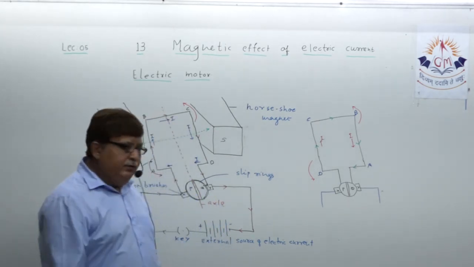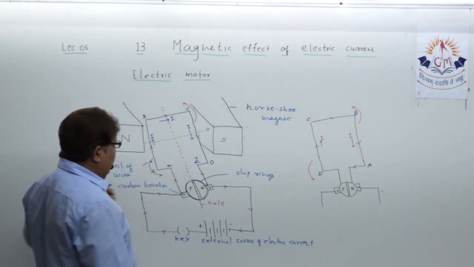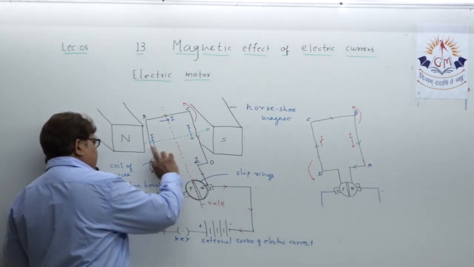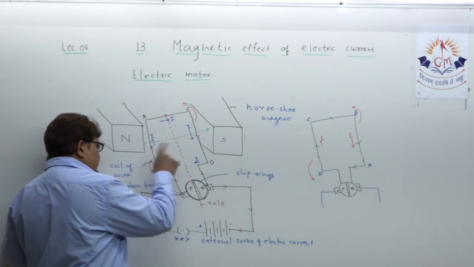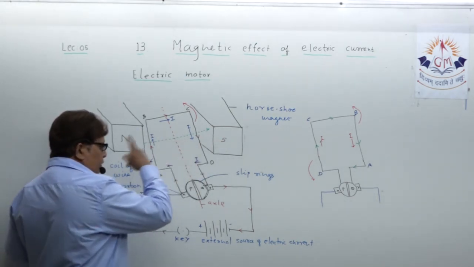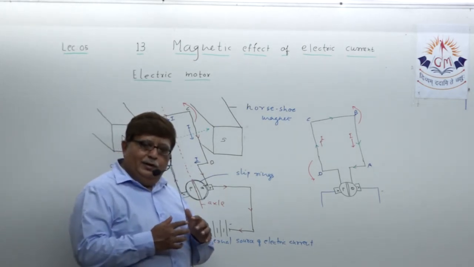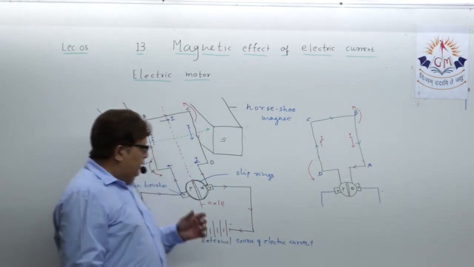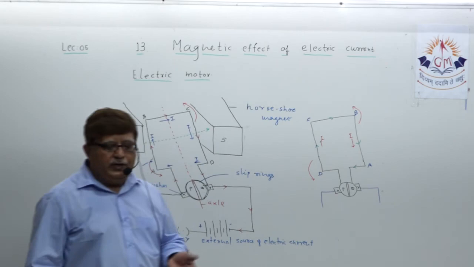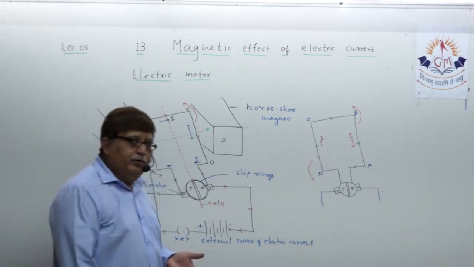Only the two ends which are going to be affected as per Fleming's law are AB and CD, which ensures direction of current reverses and ensures the constant rotation of the coil, armature, solenoid inside the magnetic field of the horseshoe magnet. This is the working of the electric motor. You understood?